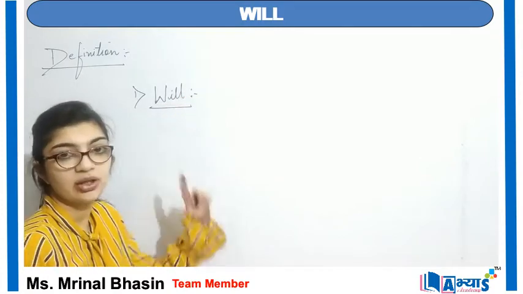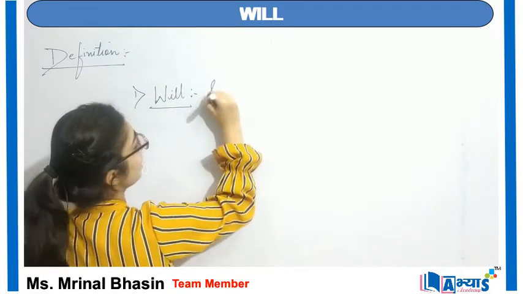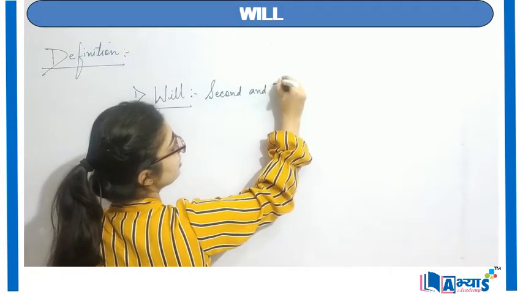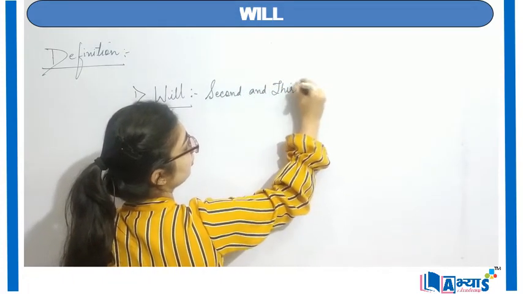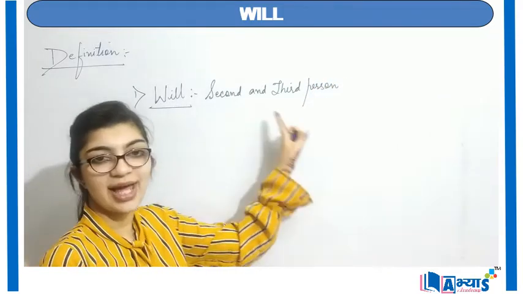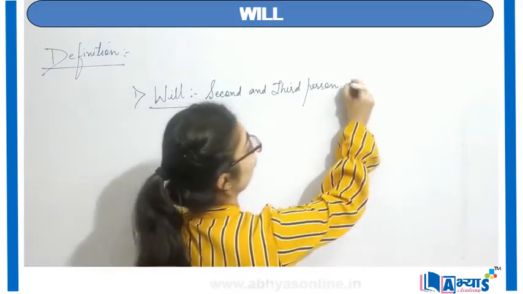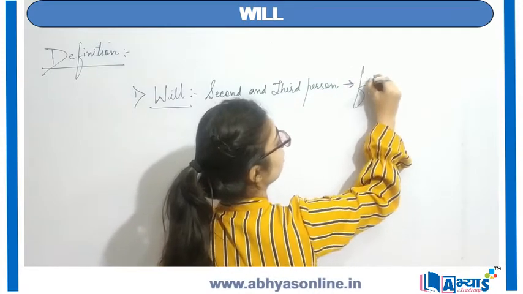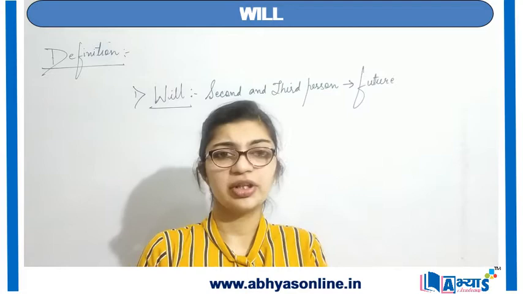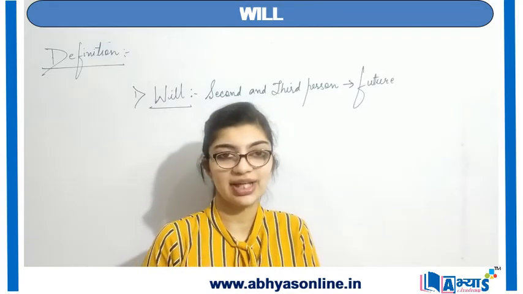is when will is used as a second and third person. When will is used in second and third person, it always represents a future tense, or the future action that will take place.